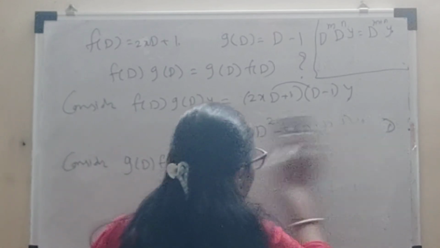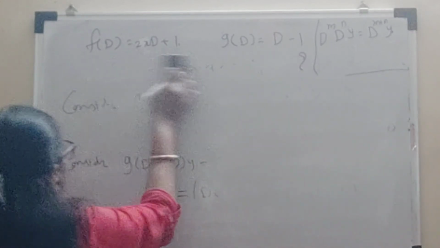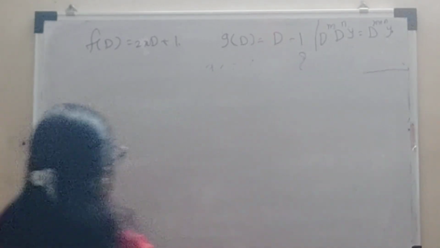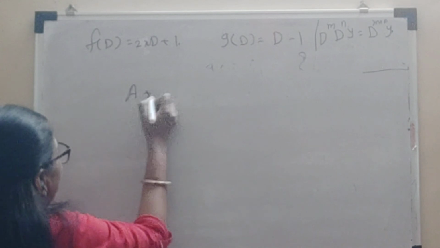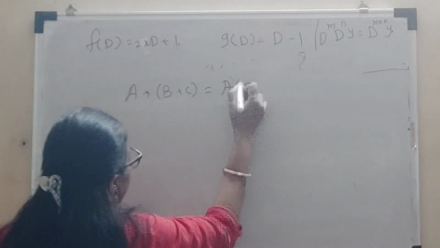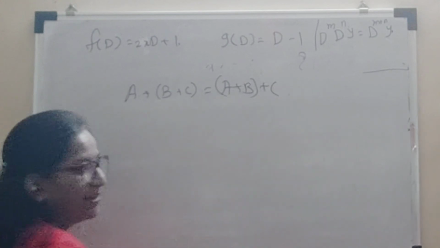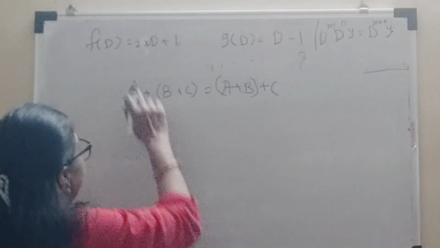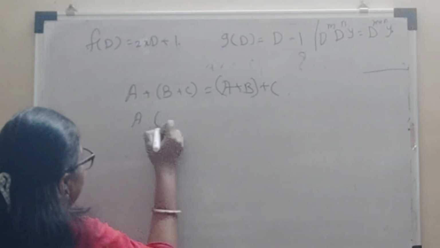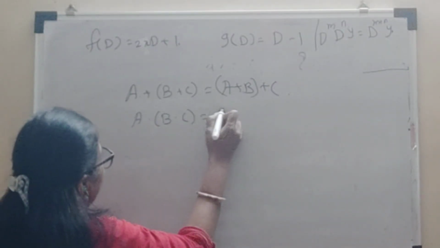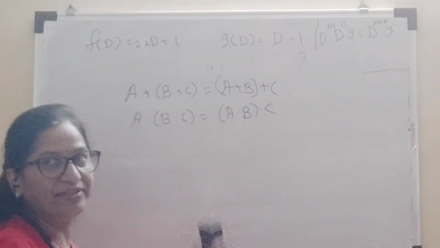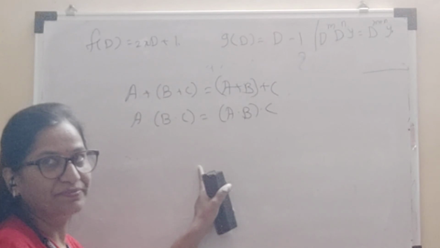What are the other laws? Other laws are associativity. Associativity is nothing but (a plus b) plus c is equal to a plus (b plus c) with respect to addition. So this f(D) and g(D) satisfy this one, as well as (a into b) into c is equal to a into (b into c). This is associativity with respect to multiplication.